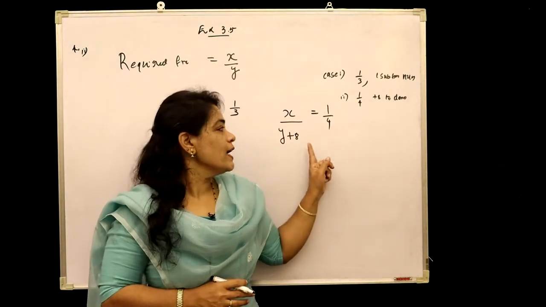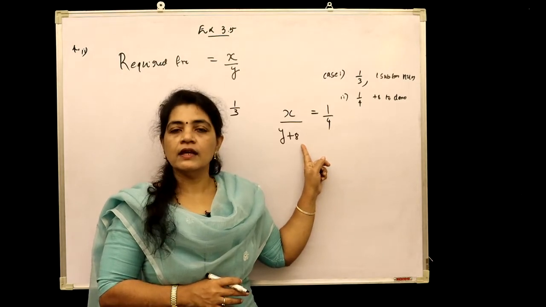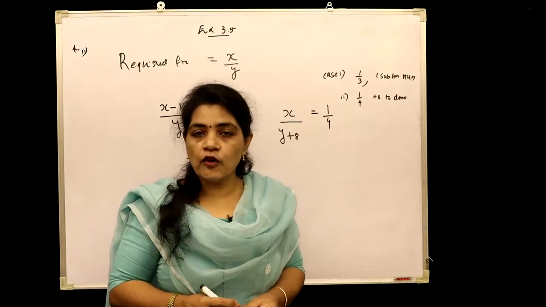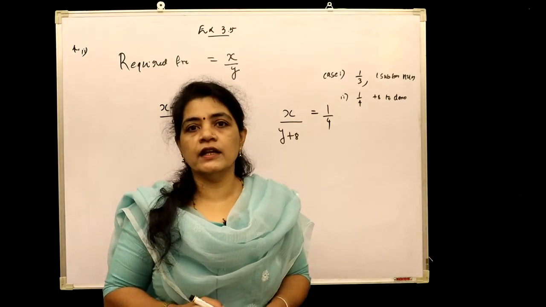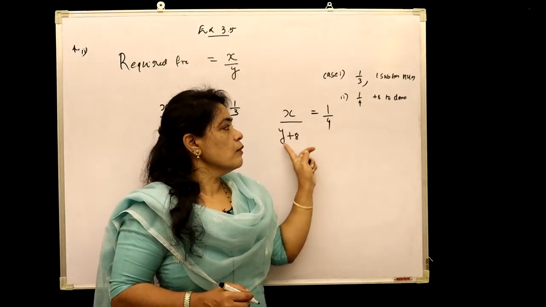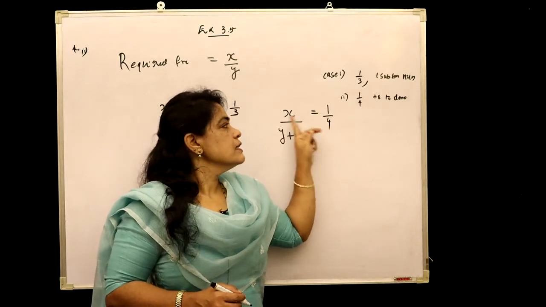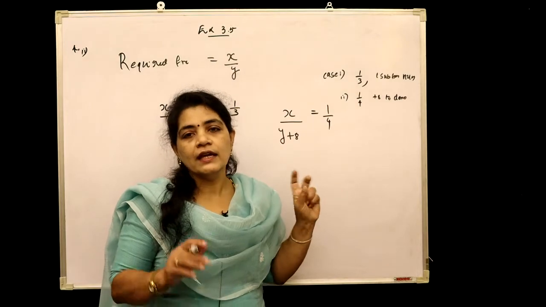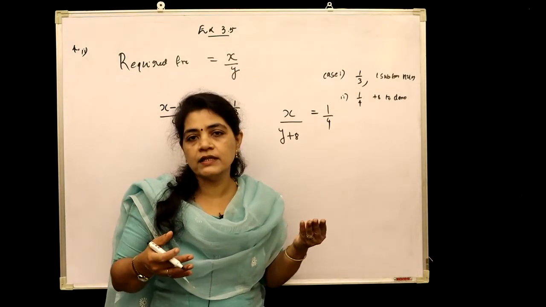So y plus 8. Then how can we reduce it into the standard form of a general equation in a pair of linear equations? Because here both have denominators, just cross multiply. So we will make it standard form. The case is clear, children, how we formed the equations.